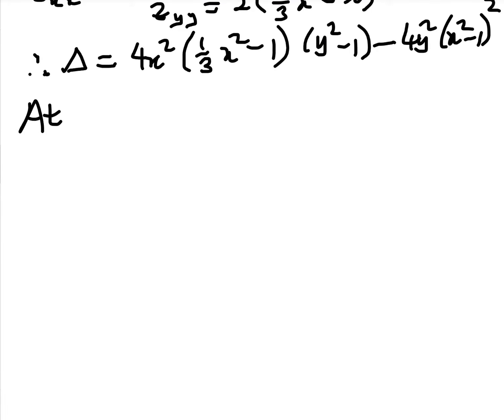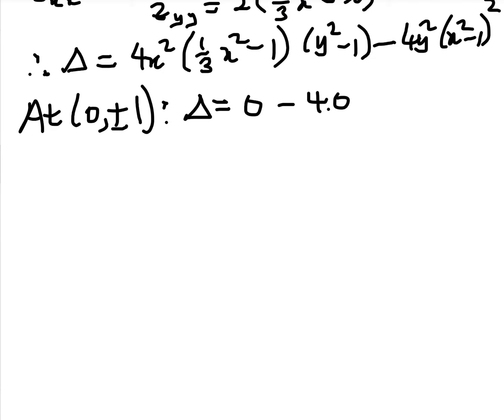First of all, at the points with coordinates x equal to 0, y equal to plus or minus 1, we'll deal with this simultaneously. If you put x equal to 0, the first term is going to be 0, the second term is going to be minus 4 times 0 also, so that's going to be equal to 0. I'm sure this is not correct.